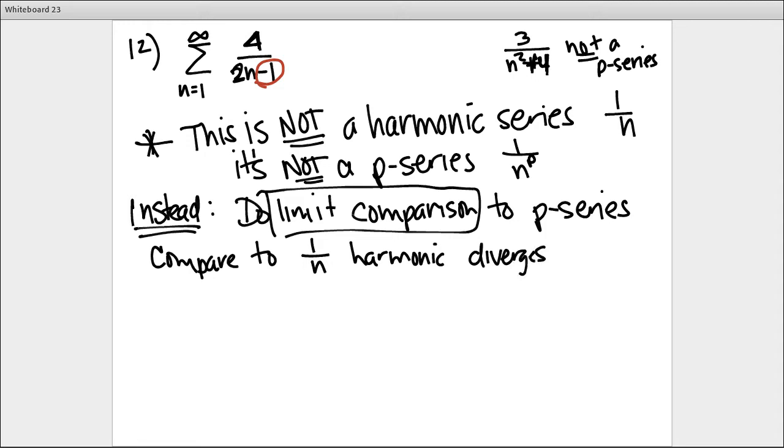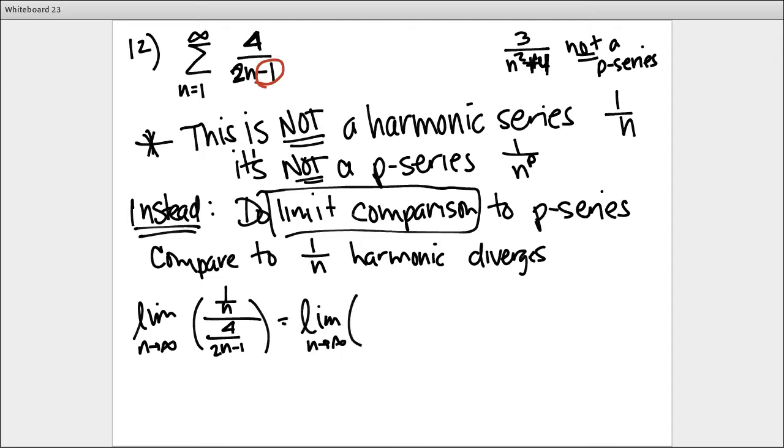And so you take the limit as n goes to infinity of your known guy over this guy. That's the limit as n goes to infinity of 2n minus 1 over 4n.